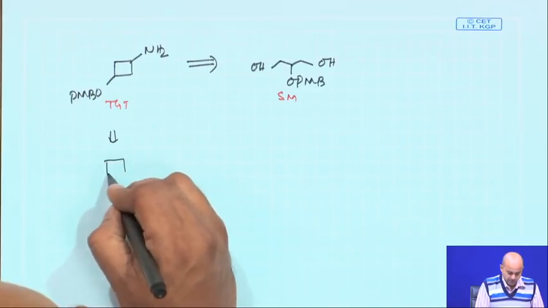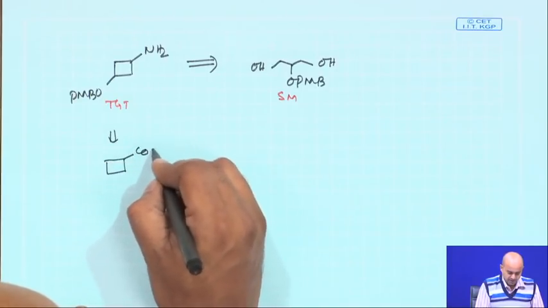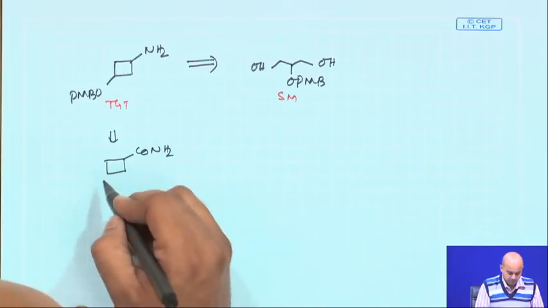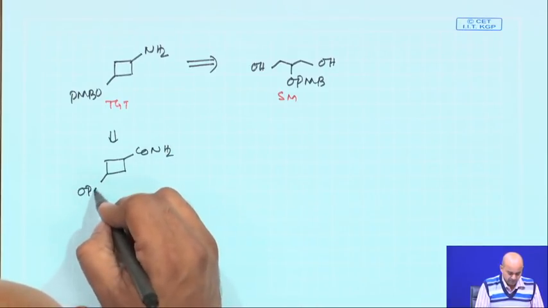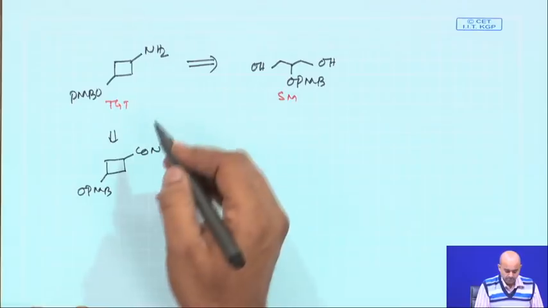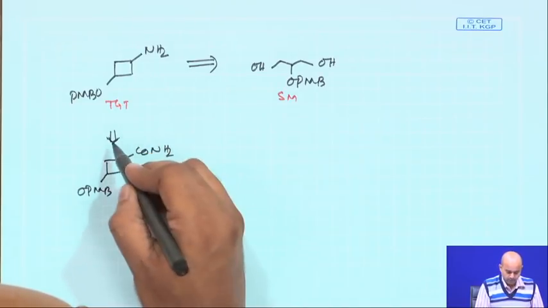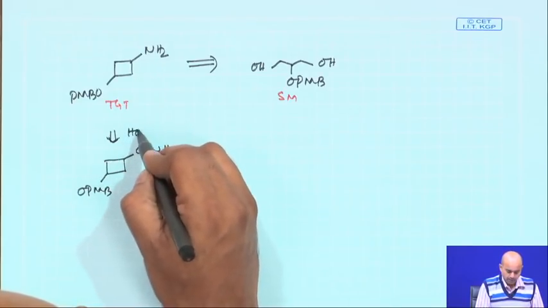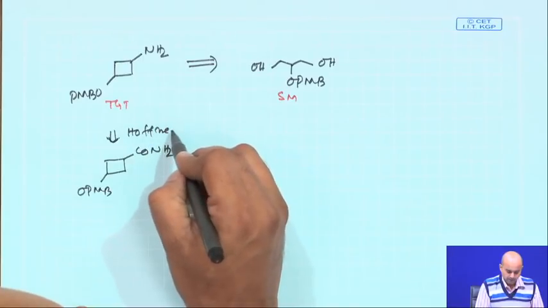Now, do a very standard FGI, the initial FGI which you will be thinking is something like this. This is a very well known name reaction, a Hofmann type reaction.